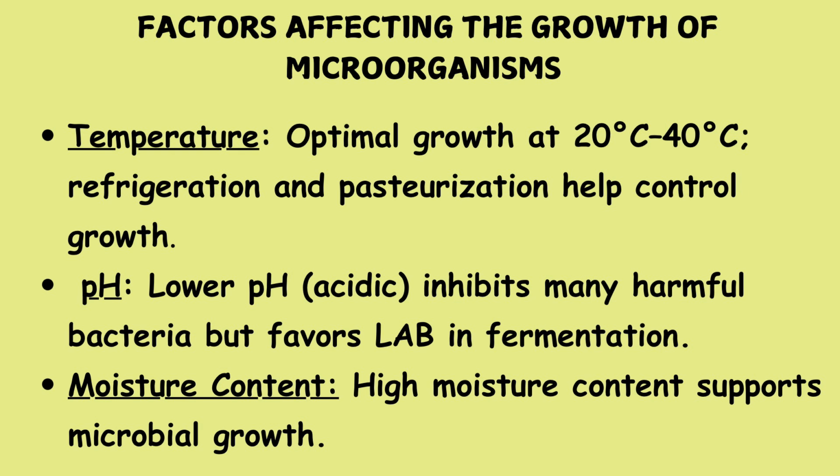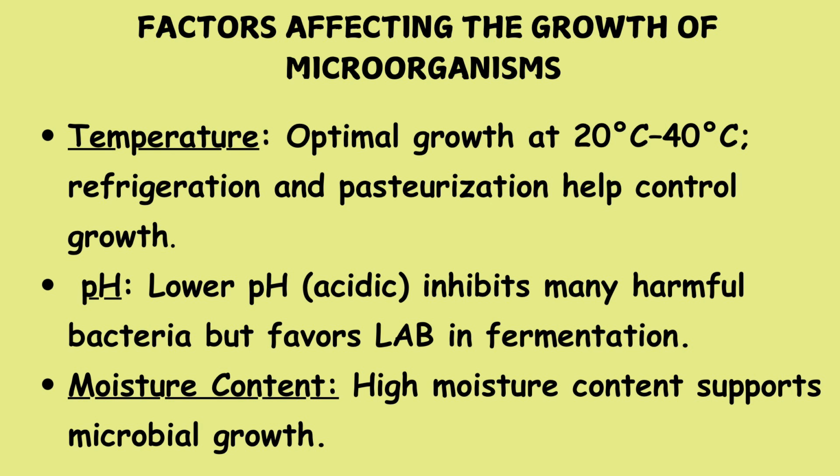As the pH drops, it creates an unfavorable environment for many spoilage and pathogenic bacteria, for example Salmonella and E. coli. These bacteria cannot survive in that acidic environment. But some bacteria like Listeria monocytogenes can still survive in a mildly acidic environment.